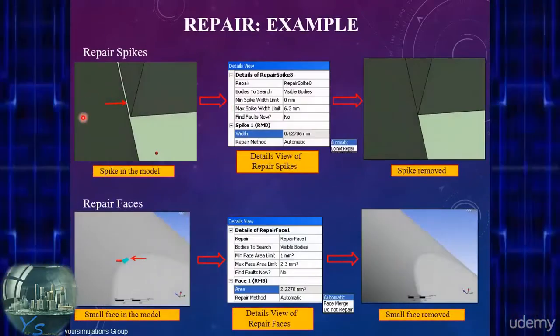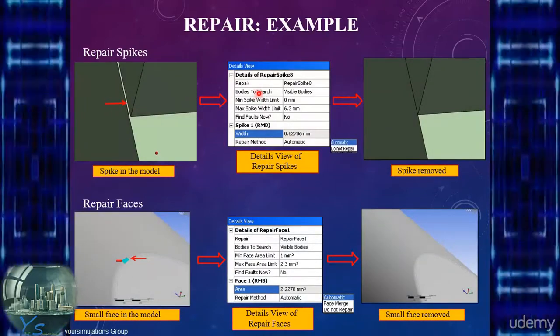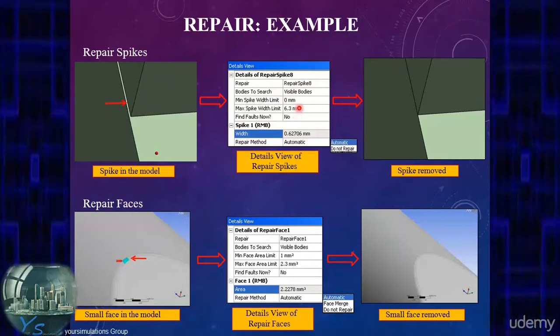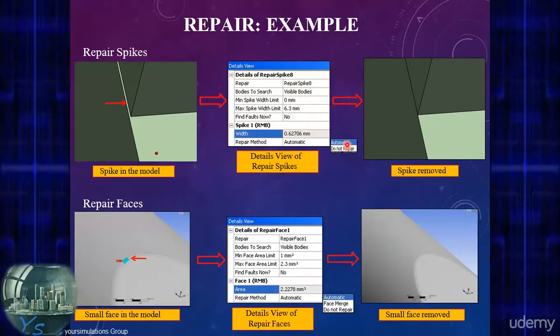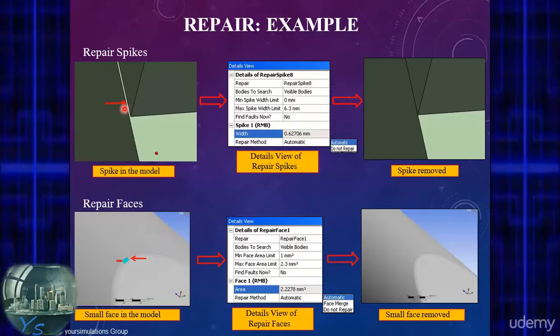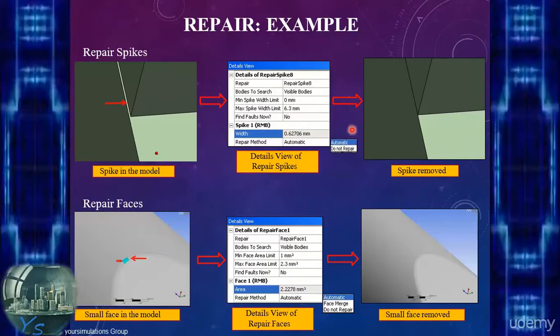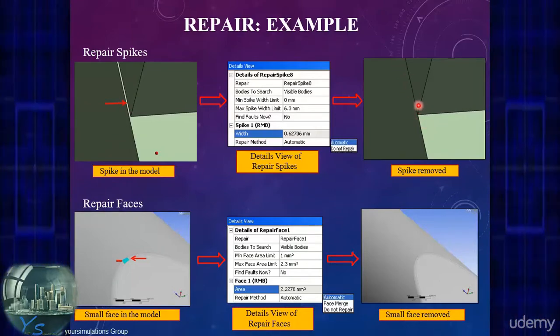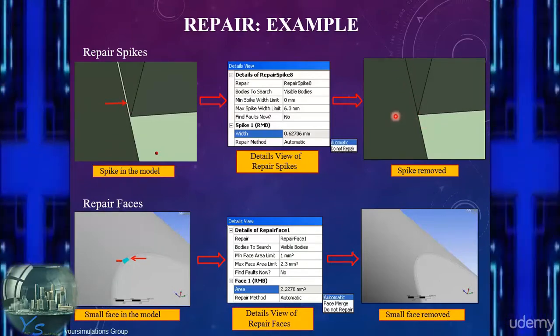Another example of repair is repairing of spikes. So we can identify these spikes again with a repair spike tool to try and find it. Again, we've got the filtering tools and some options for repairing to remove these particular problematic areas of the spikes that can occur, and basically snap these two entities together so we don't end up with that gap that forms the spike.